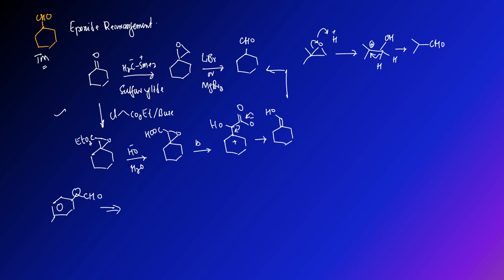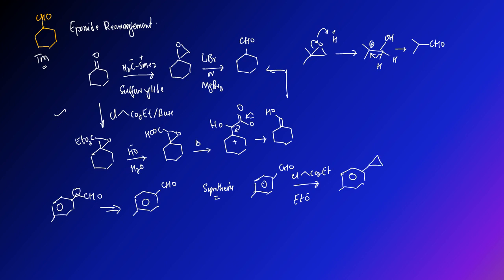By applying this application route, we can easily do it like this, because the synthesis will be simple and it involves a 3-member epoxide ring, and then we subject it to basic condition, and then protonation plus heat, we will get the target material.